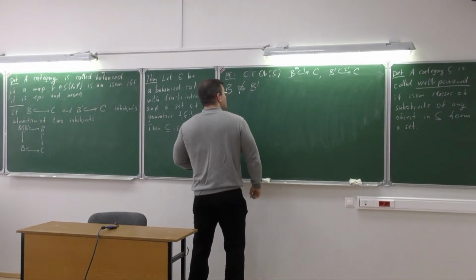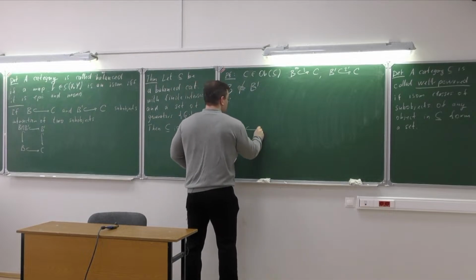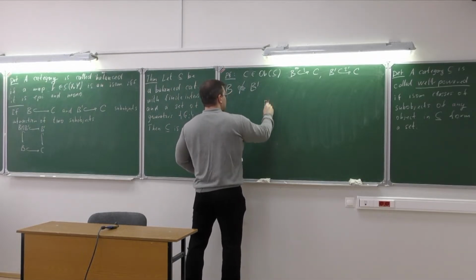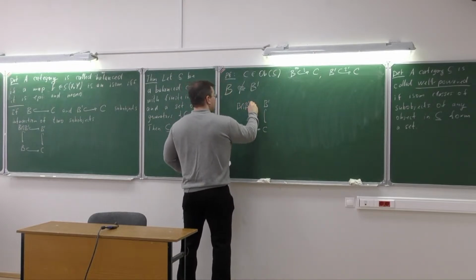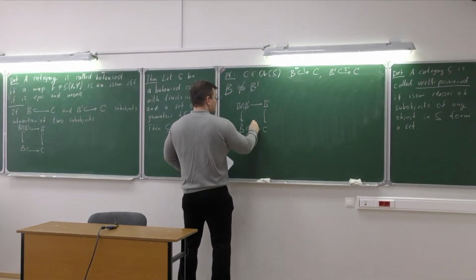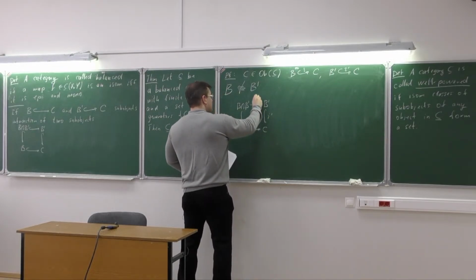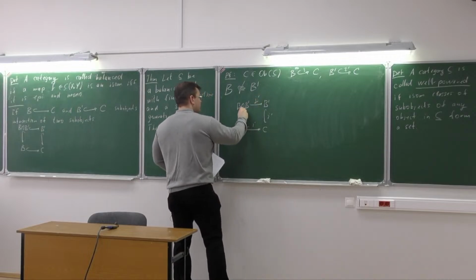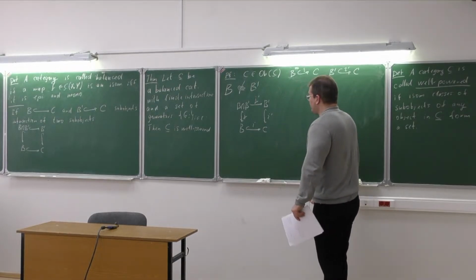Then I can form the intersection, the corresponding pullback. So I'll have B embedded into C, B prime embedded into C, and the intersection of B and B prime. This is map I, this is I prime, and I also want to call these maps J prime and J. So these are the four monomorphisms in the pullback diagram.